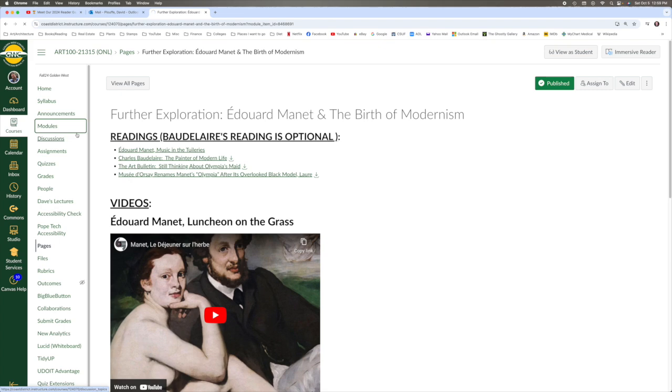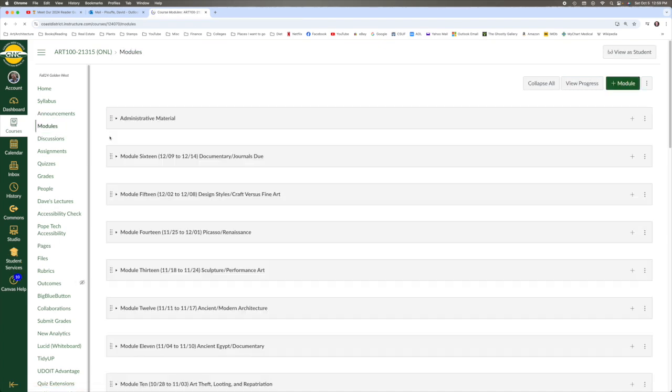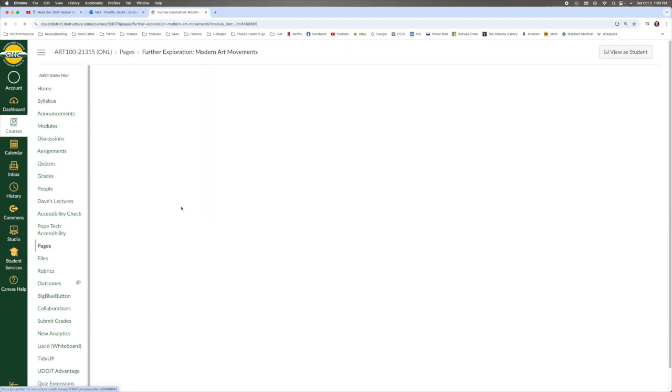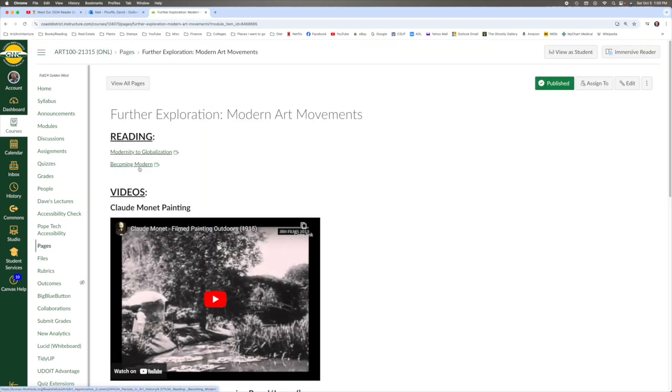After that, we've got a lecture on the different modern art movements. So we're going to cover everything from Impressionism through Cubism and Fauvism, Futurism, Surrealism, and it culminates with Abstract Expressionism right around the time of World War II. Our study guide, and then also for our further exploration section, we have some readings of modern art.